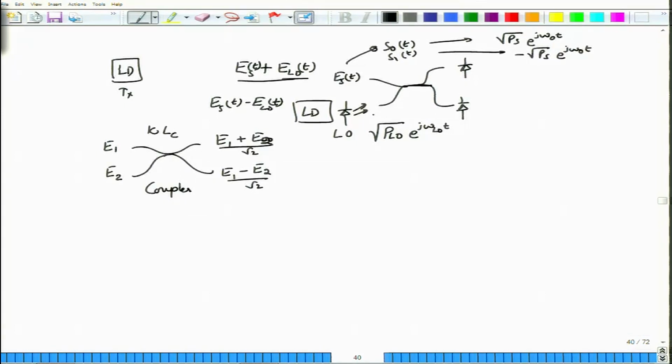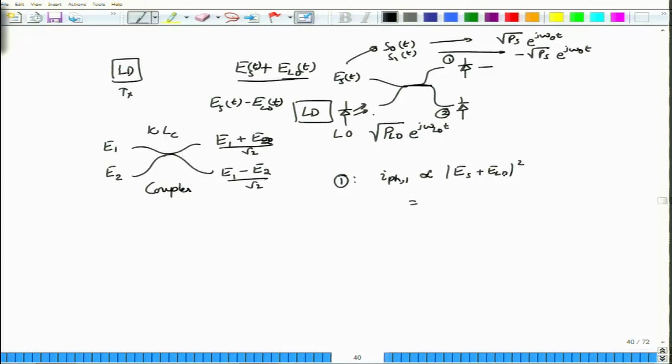Now, what is the use of these two sum and difference signals? Consider this as the first photodetector and this is the second photodetector. What is the output of the first photodetector? We will call this IPH1. This would be proportional to Es plus ELO magnitude square. Remember, there will be a 1 by root 2 term, so you can also put that half term here.